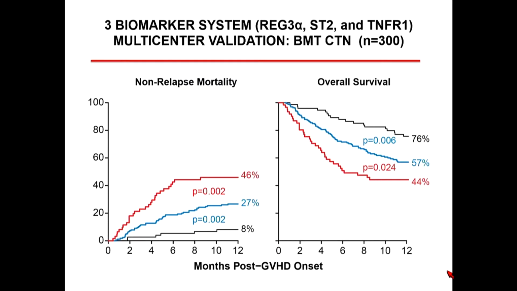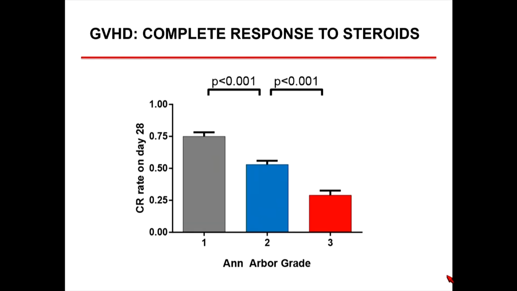I'm not showing you the relapse mortality, but the probability did not predict relapse, and as a consequence, the overall survival from these 3 groups was significantly different. And these data were published 2 years ago by, with John Levine as the first author, in Lancet Hematology.